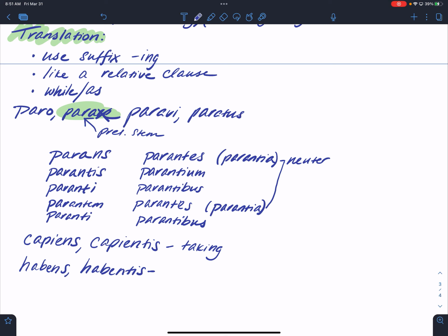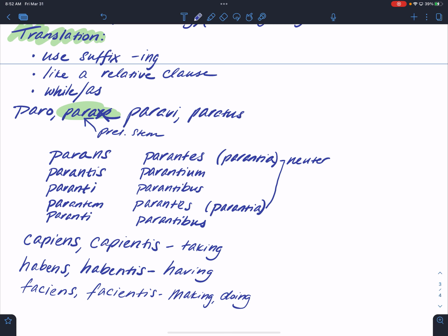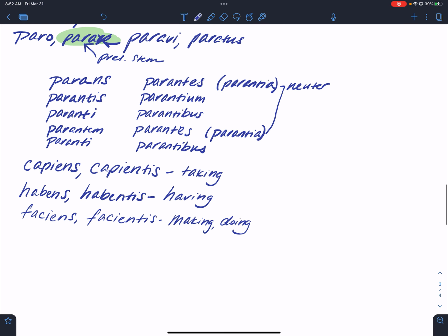What does this participle mean? Okay, we've got faciens, facientis. Comes from facio, facere, feci, factus. Yeah, making or doing. Okay, let's just do one more.